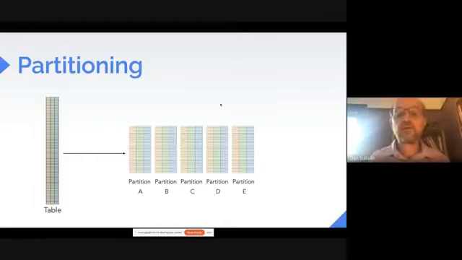With partitioning, we're able to specify in our where clause that we're looking for range 310 to 320. Then we know immediately we only need to scan partition C. And if it's clustered, if it's ordered, we can even reduce it further. But the idea here is we're basically breaking up a big table into ordered chunks, and we know what the order is, and we can use that to optimize our queries.